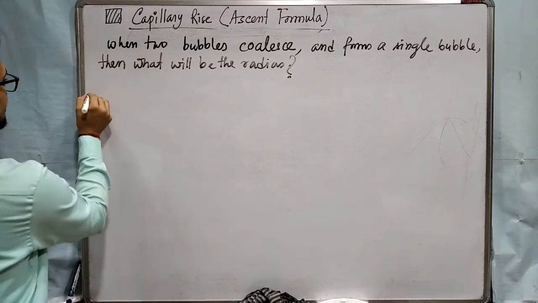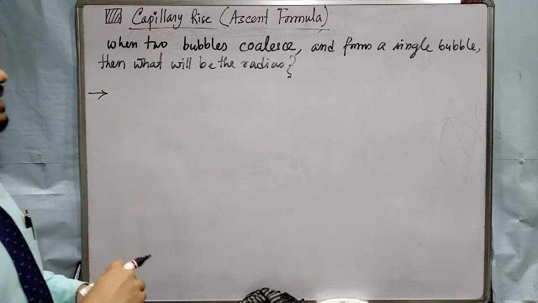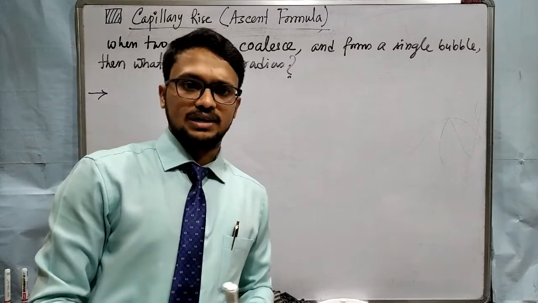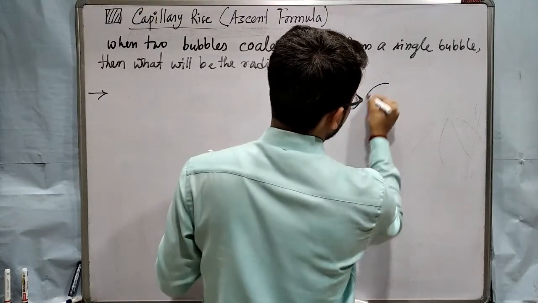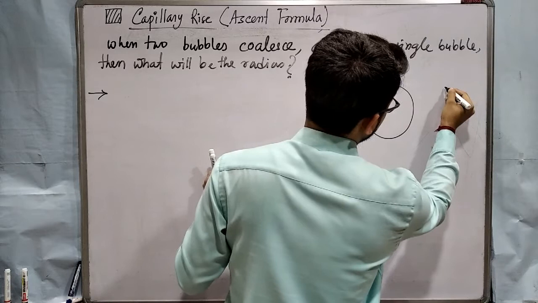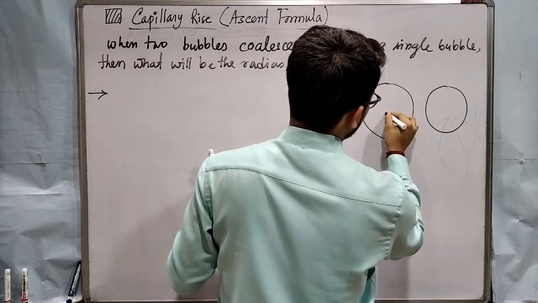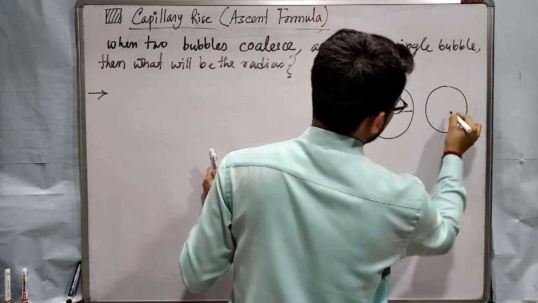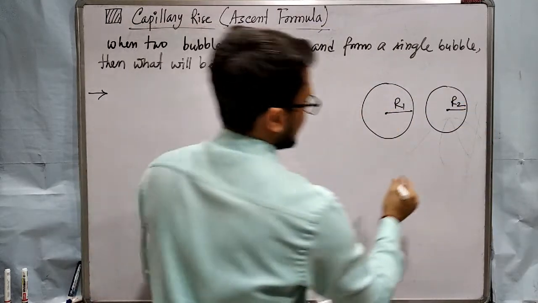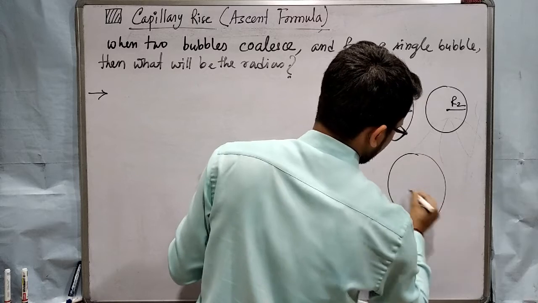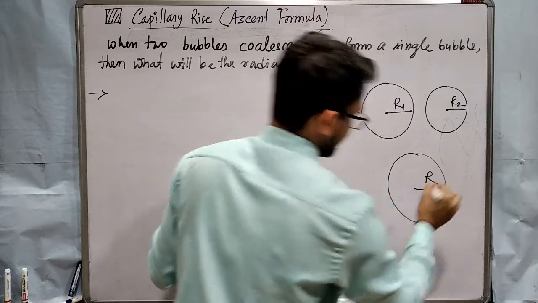Clear? So take two bubbles, water bubbles or soap bubbles, of different radii, suppose one is r1 and another is r2. They will coalesce and form a single bubble of radius r.